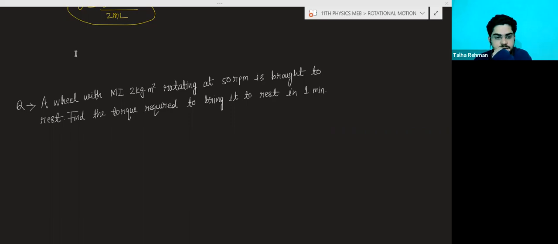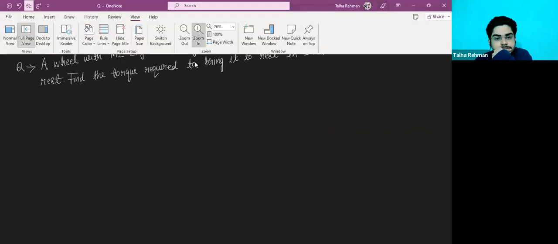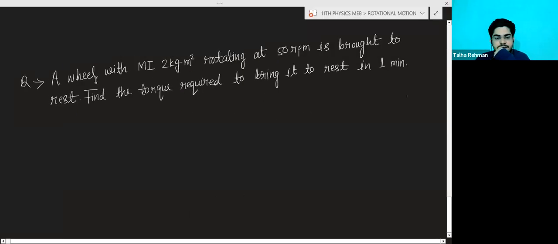So see this question. They are saying a wheel with moment of inertia, MI means moment of inertia, 2 kg meter square, rotating at 50 RPM. RPM means rotations per minute, meaning in 1 minute there are 50 rotations. It is brought to rest.